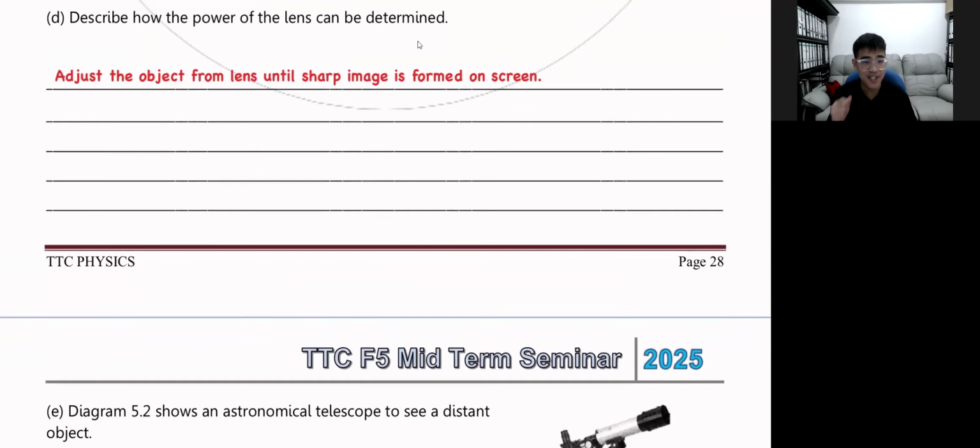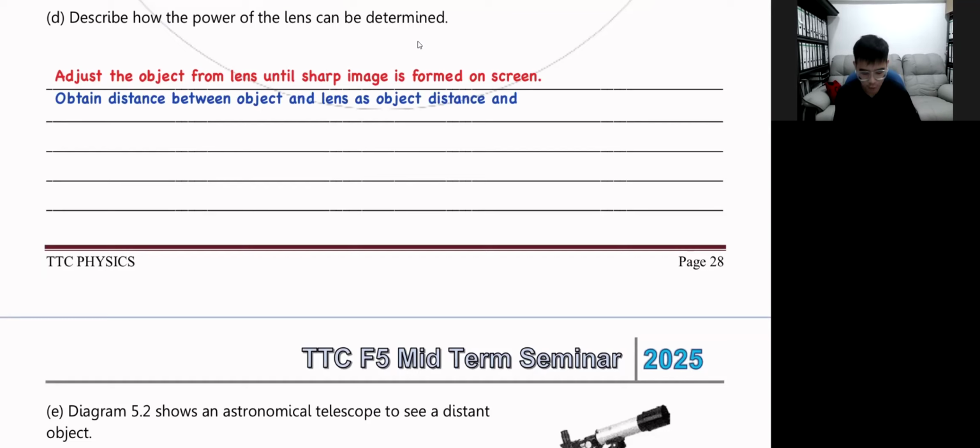So after adjusting the lens and also the object until you get the image on the screen, what do you need to do next? Then you have to measure the distance, or you can use the word obtain. Obtain the distance between the object and the lens as the object distance.